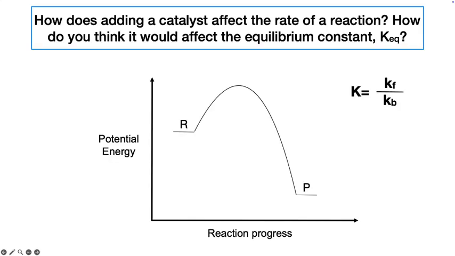Okay. How does adding a catalyst affect the rate of the reaction? So I've got a reaction here. Ta-da, reaction. If I was to add a catalyst, how would my picture change? Okay.